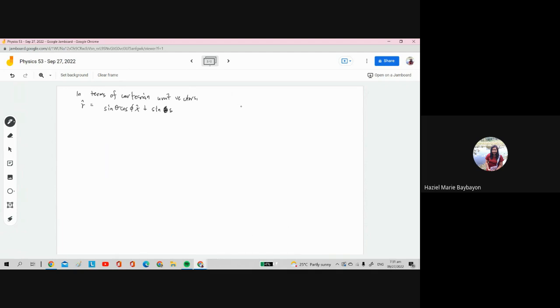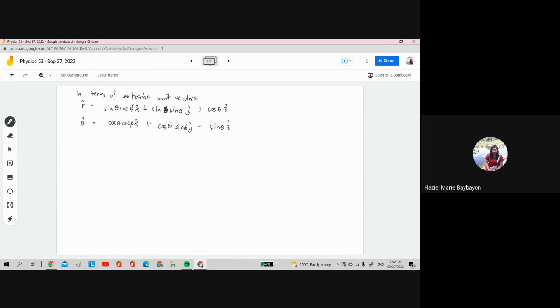Sine theta sine phi y hat, plus cosine theta z hat. Okay, so this is the radial unit vector as expressed in terms of the Cartesian unit vectors. And then your theta hat is cosine theta cosine phi x hat plus cosine theta sine phi y hat minus sine theta z hat.